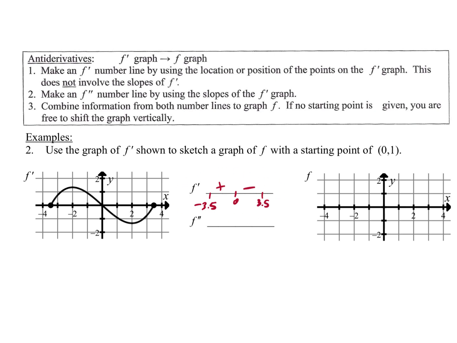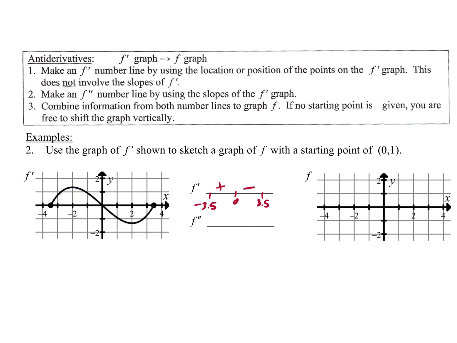Now, the second derivative, that's a whole other question. What values do I need to pay attention to for the second derivative? The max and mins, which are where the slopes are 0.